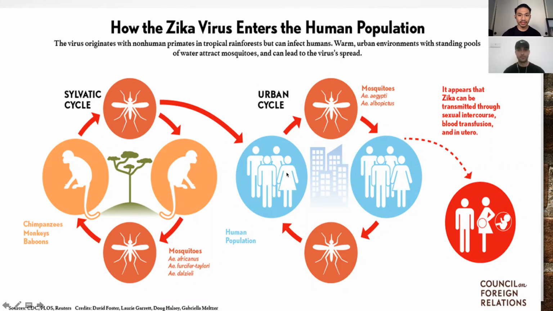Once the virus is transmitted to humans, it enters the urban cycle, which involves the transmission between humans and urban mosquitoes. As mentioned earlier, the virus is able to be transmitted horizontally, so from person to person, through sexual intercourse and blood transfusion. And it could also be transmitted vertically, where pregnant women can infect their child in utero.